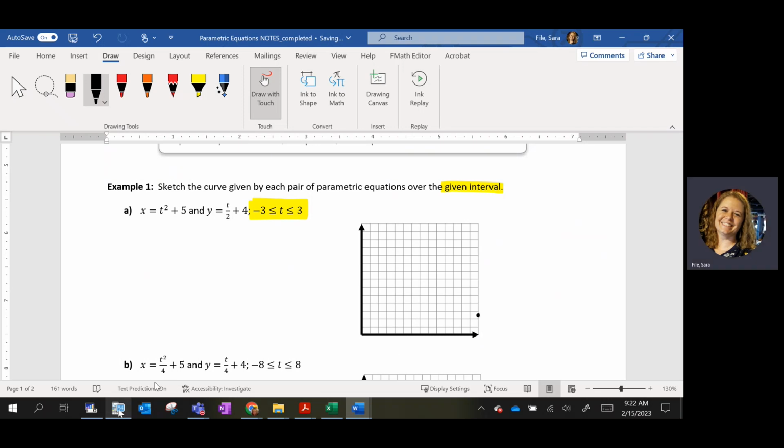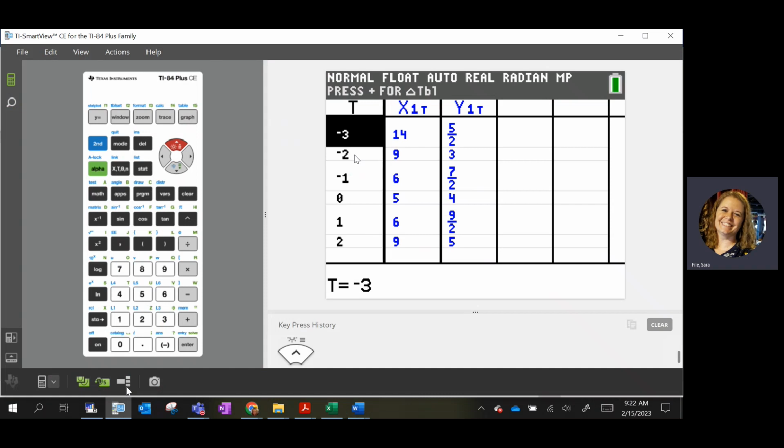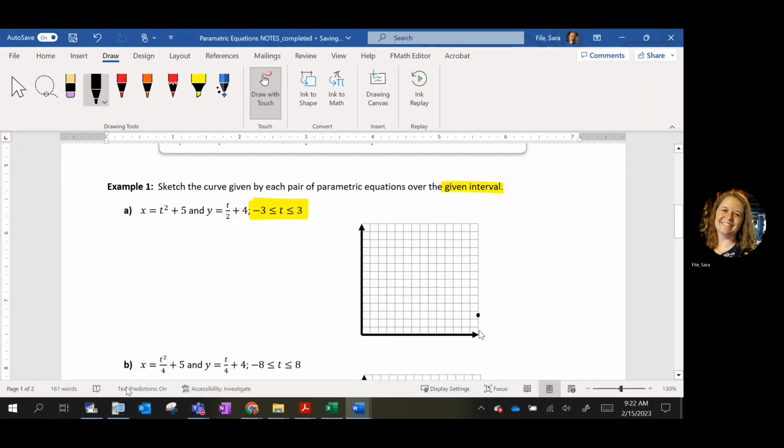Okay, and then the next point was when t is -2, the ordered pair is at 9, 3. Okay, and label your x and y.